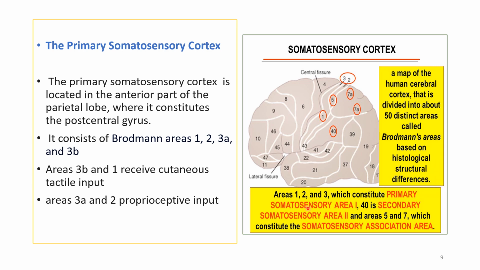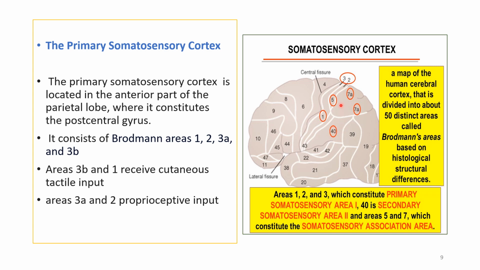Okay. So areas 1, 2, 3, these three areas will constitute the primary somatosensory area 1. So here you can see this is the 1, this is the 2, and this is the 3. So this whole thing is the primary somatosensory area 1. Whereas 40 is the secondary somatosensory area 2. This is 40.